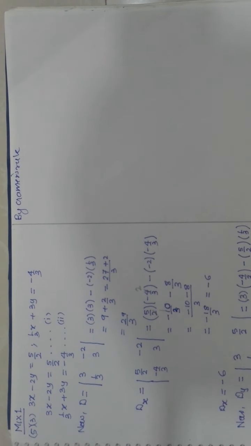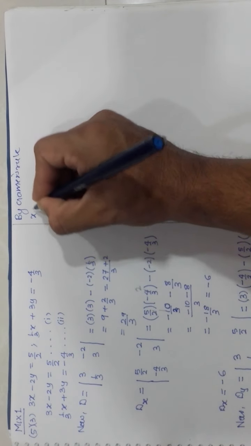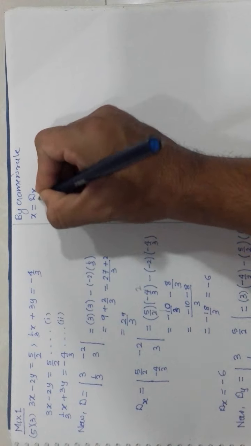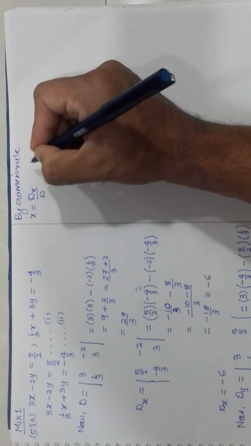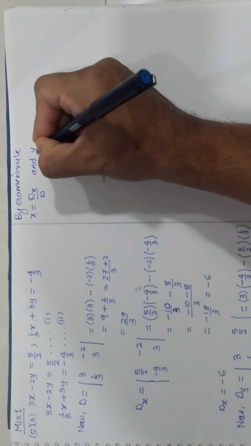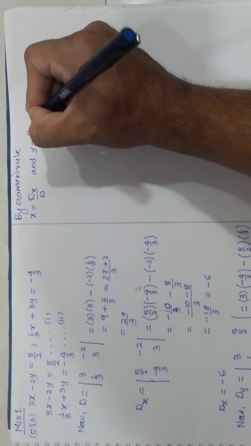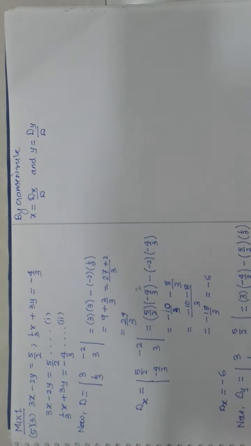So by Cramer's rule, your x will be dx upon d and y will be dy upon d. Cramer told that you want to find the variable, so take that determinant which is of that variable in the numerator, divide by the d determinant.